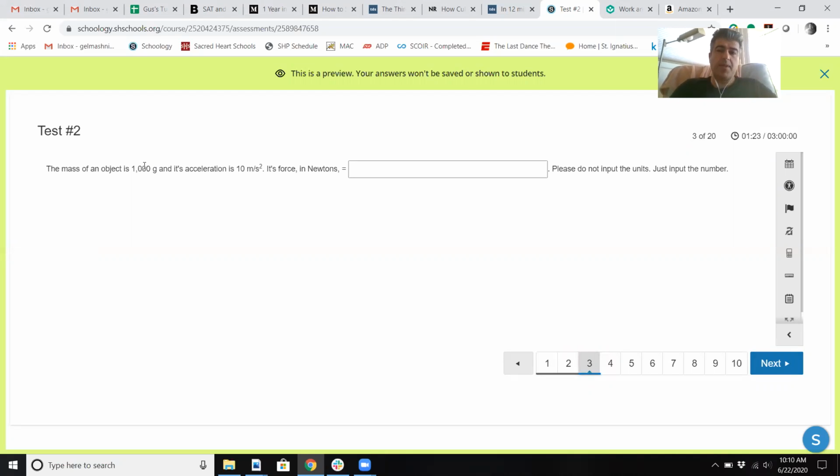So that becomes 1 kilogram, times 10 meters per second squared. So it's 10 newtons. And of course, don't put the newtons, so just put 10.